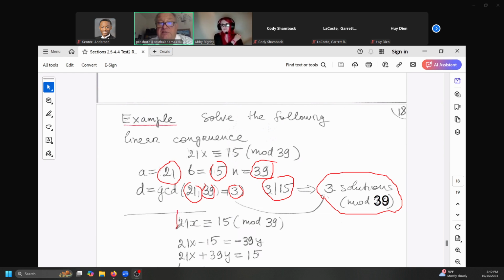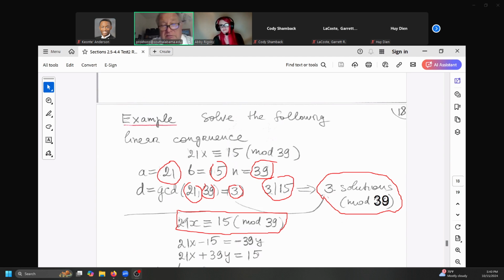Okay. To find these 3 solutions, first we need to rewrite this equation. And what is important right there, basically we'll take each term in this formula and we'll divide by 3. And we'll get a new equation with D equals 1, we solve it, and then using this new equation, we can find the total 3 solutions for the original equation modulo 39.